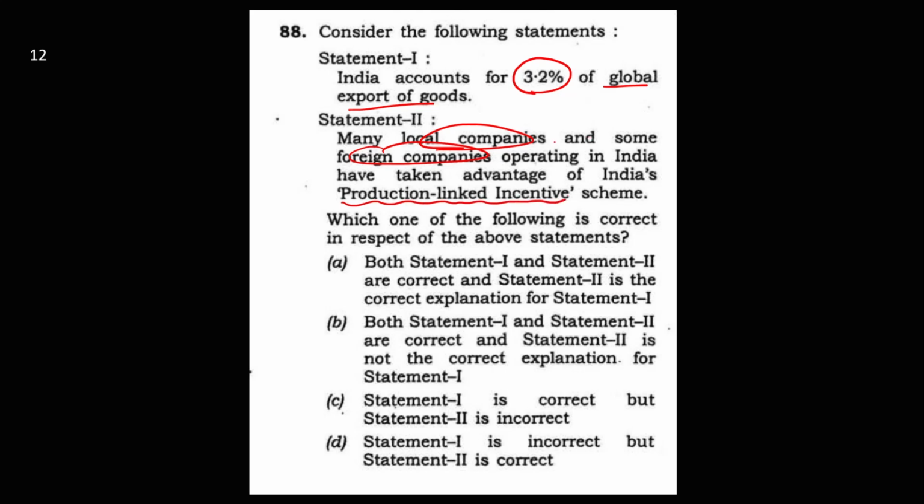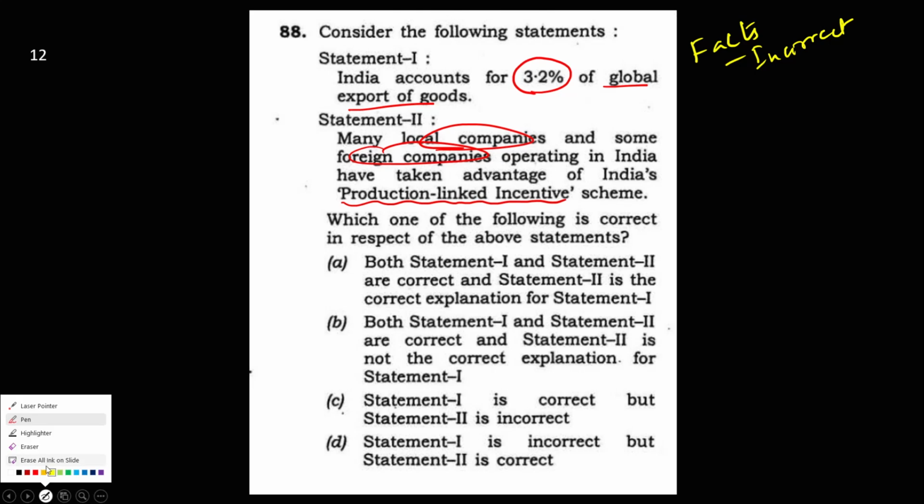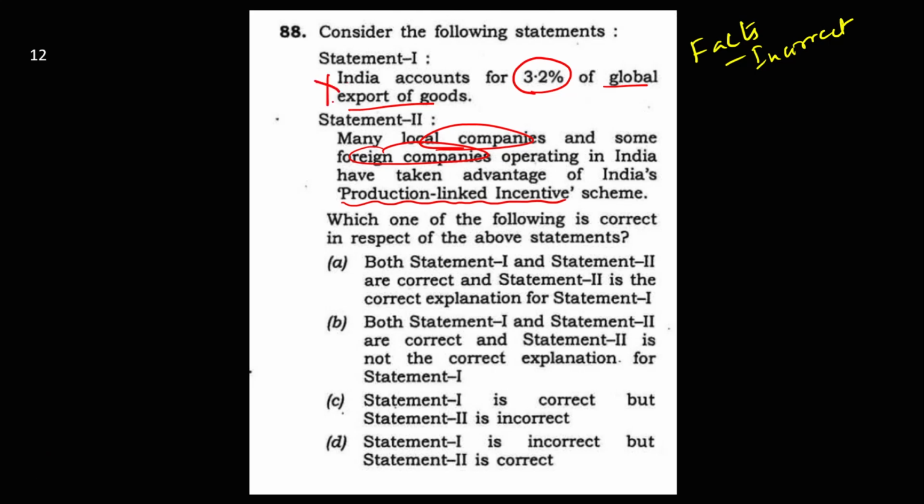Guys, there is one elimination method in UPSC prelims which works, which says that wherever facts are used, generally those statements will be incorrect. So you can see here statement 1 uses a fact, so we can eliminate statement 1. Only option D has statement 1 as incorrect, so we get option D as correct.